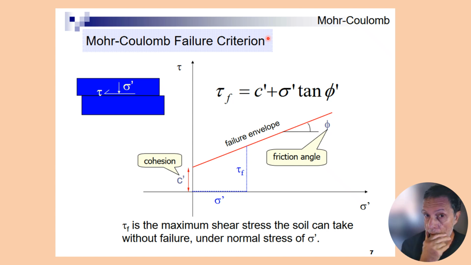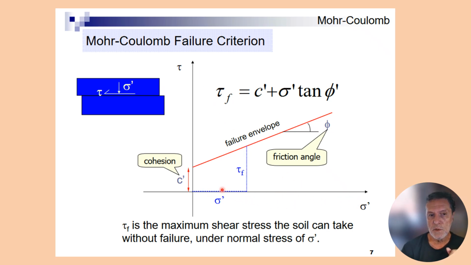Here is a method of measuring shear stress and normal stress during a direct shear test. So this tau sub f is the maximum shear stress the soil can take without failure under a given normal stress.